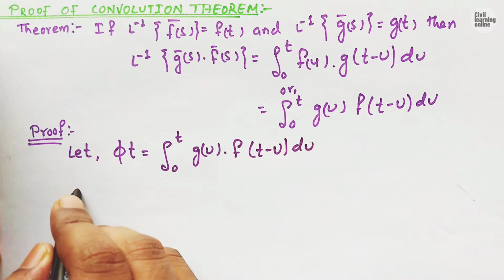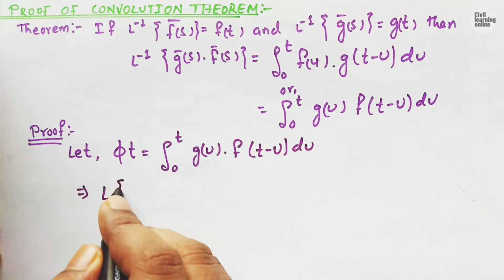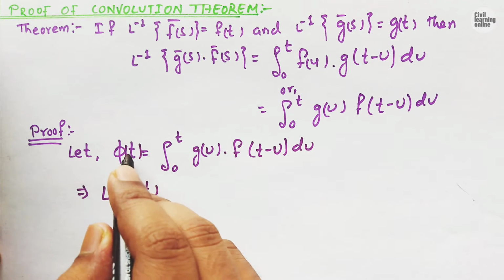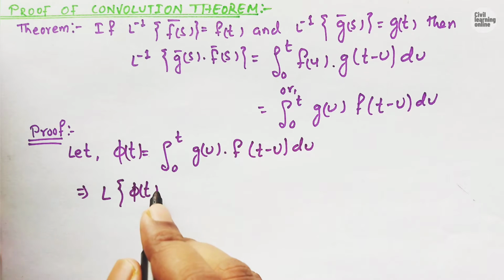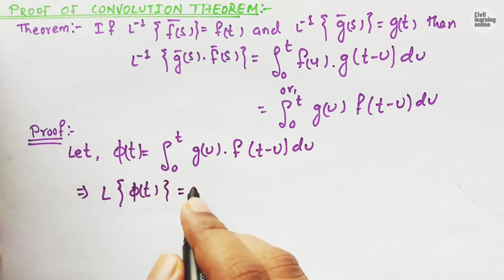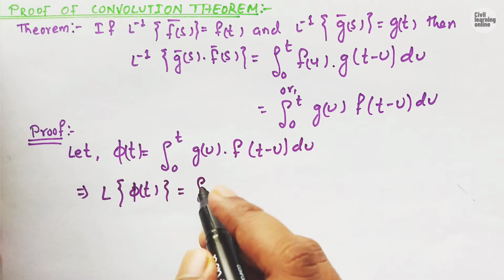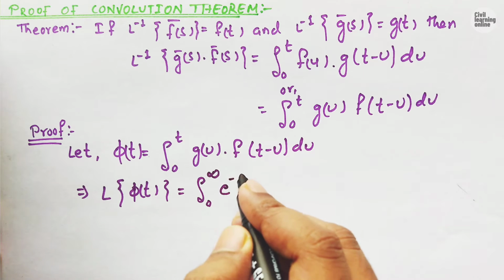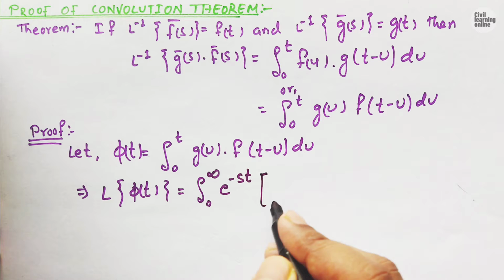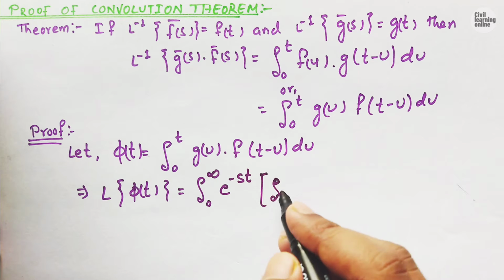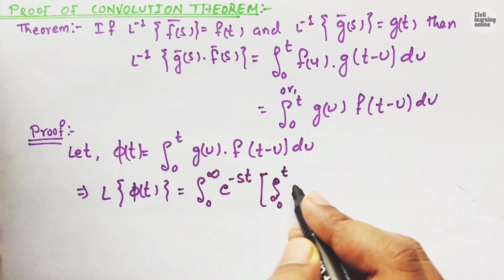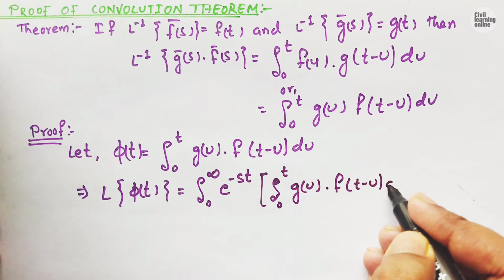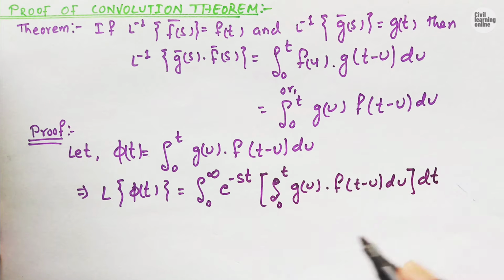So by definition of Laplace transformation, the Laplace transformation of phi t, where phi is a function of t, equals integration 0 to infinity e to the power minus st times integration of 0 to t g u times f t minus u du times dt.